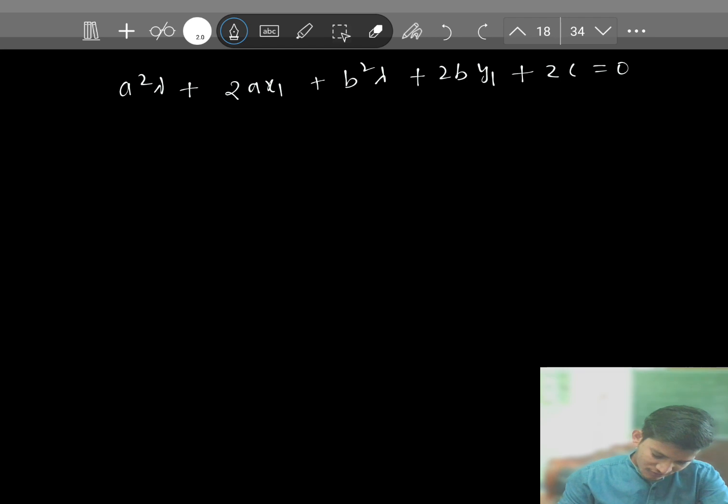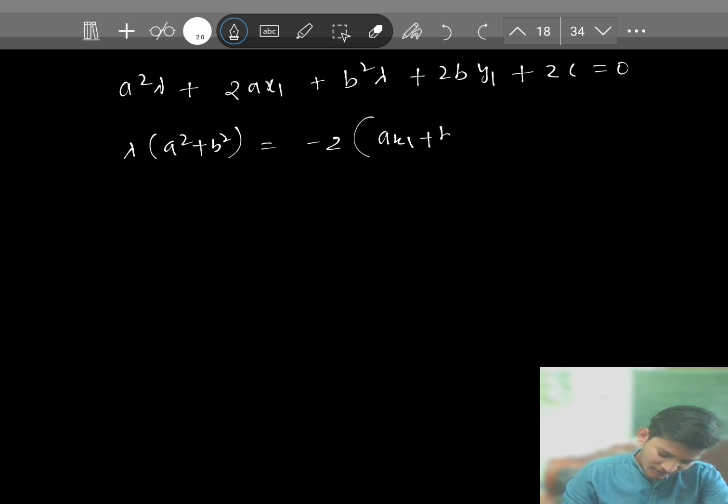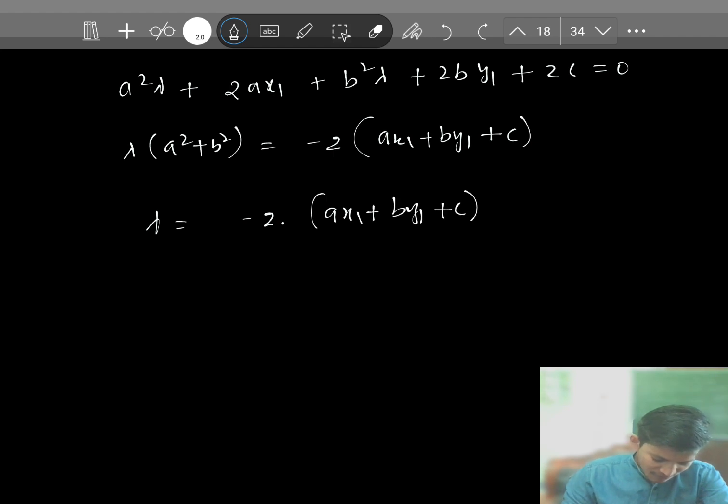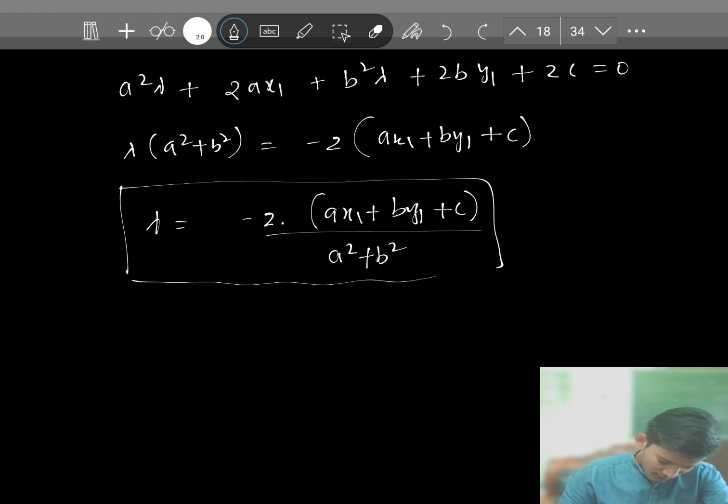Lambda is taken common outside, a square plus b square is common, and on the right hand side I can take minus 2 as common, (a x1 plus b y1 plus c). So the value of lambda comes out to be minus 2 times (a x1 plus b y1 plus c) divided by a square plus b square. Let me write, this is equation number 3.